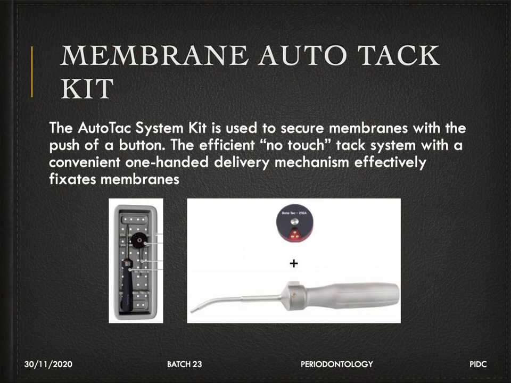This is an instrument introduced to make sure the membrane is tagged onto the bone so that it stays in place for the time period of regeneration. That is the advantage of this autotag kit. It will make sure the membrane is held in position for the time period of regeneration.